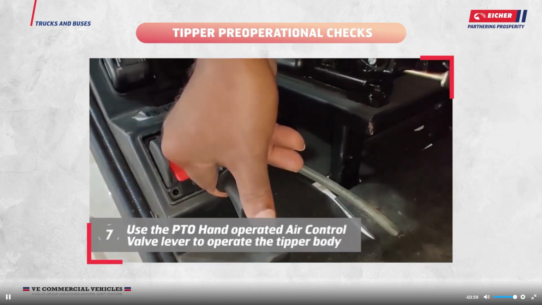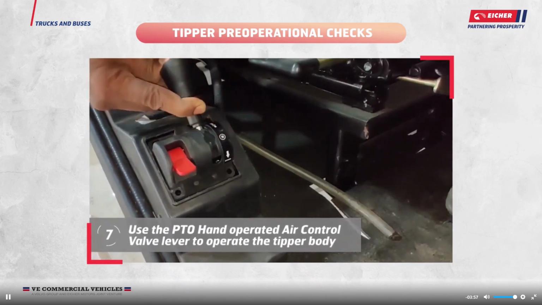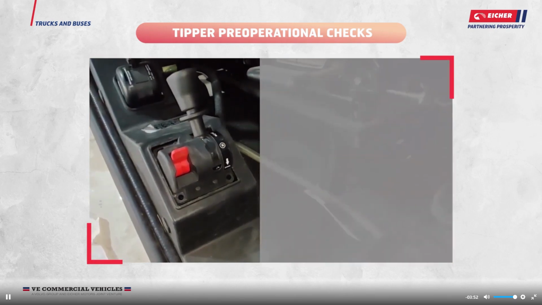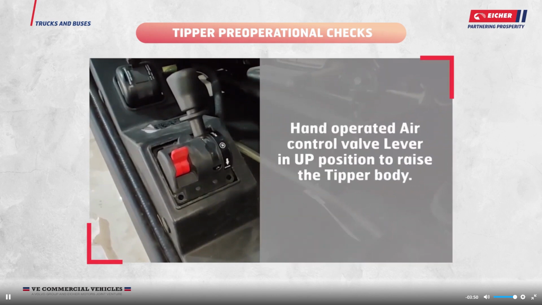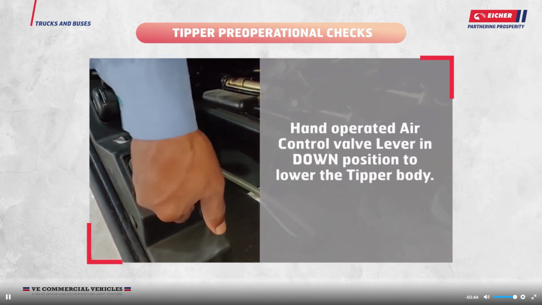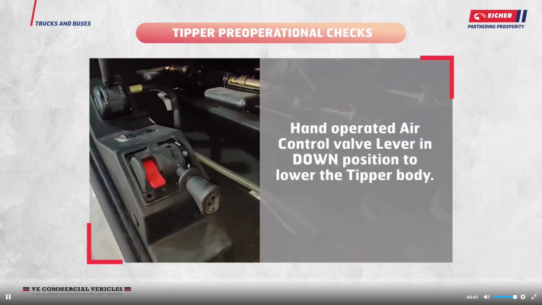Use the PTO hand-operated air control valve lever to operate the tipper body in the following three positions. Hand-operated air control valve lever in up position to raise the tipper body. Hand-operated air control valve lever in down position to lower the tipper body.